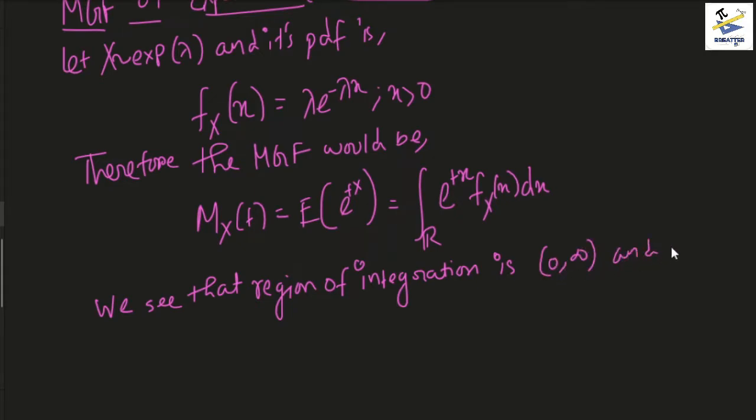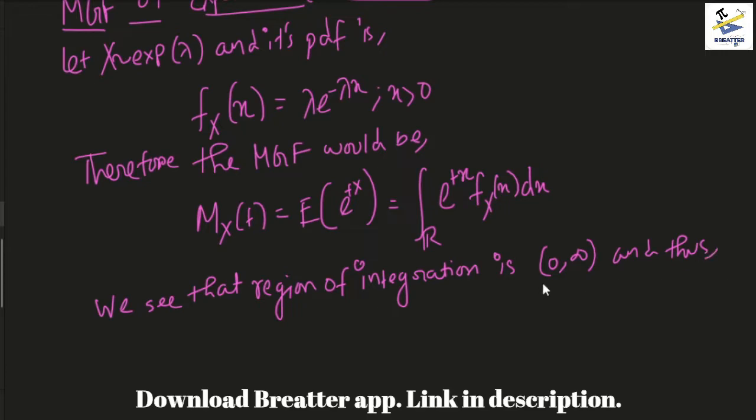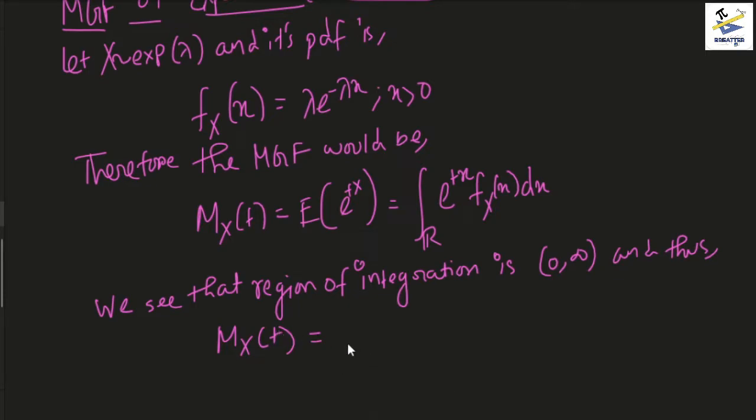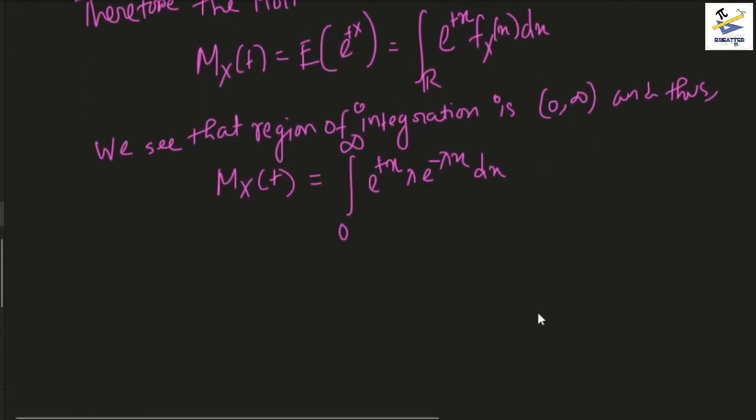And thus M_X(t) would be equal to the integral of e to the power tx times lambda e to the power minus lambda x dx, over 0 to infinity.